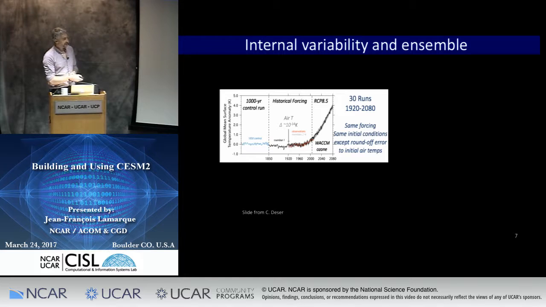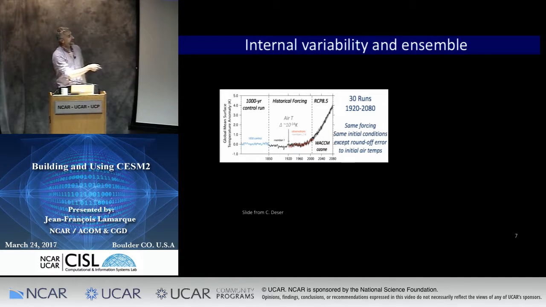And this is one example of looking at what that variability means. Say you run the model in pre-industrial with 1850 conditions, and it's perfectly stable, right? It has those little wiggles. This is the global surface temperature. Those little wiggles are weather traveling around the world, and some rearrangement between the ocean and the atmosphere.